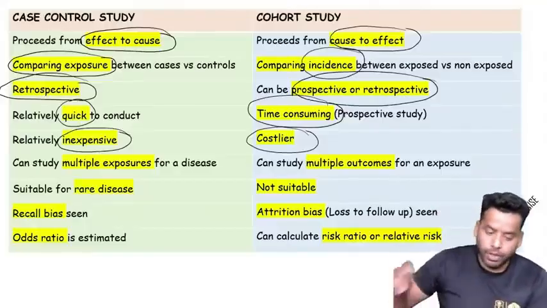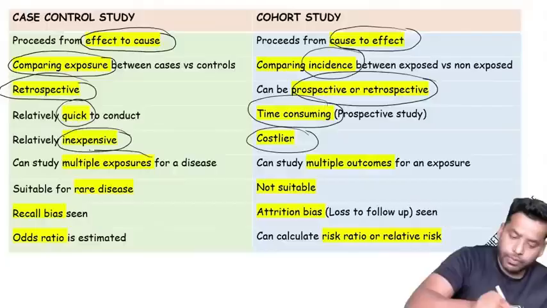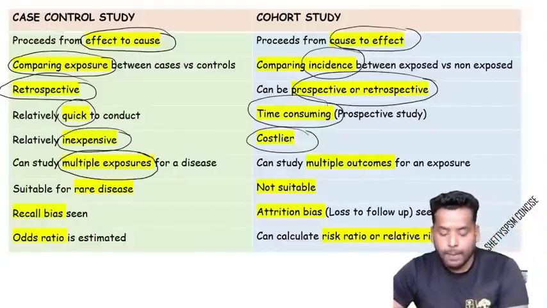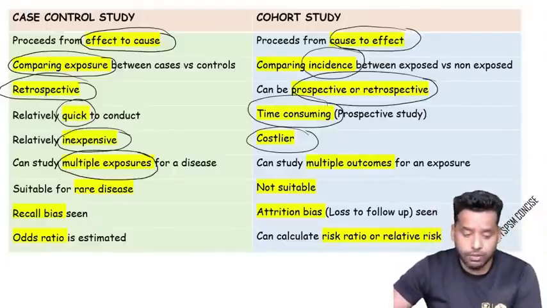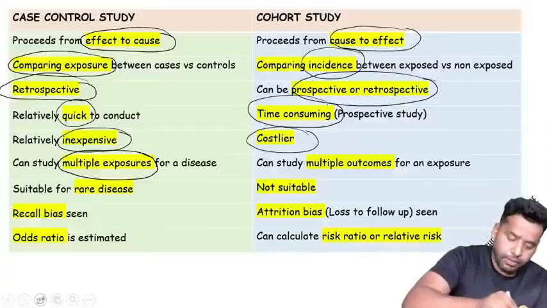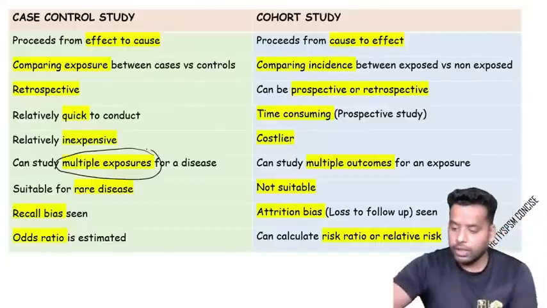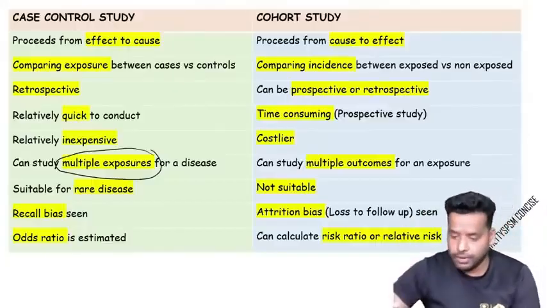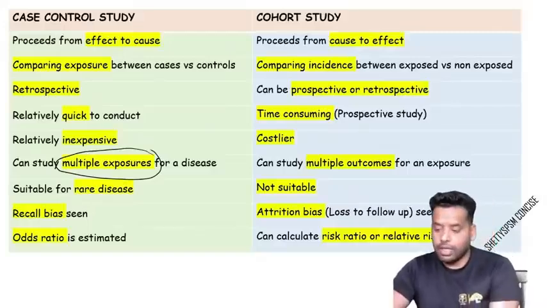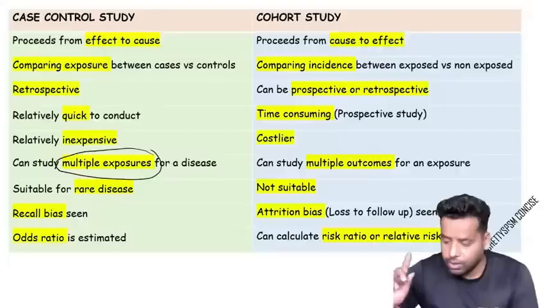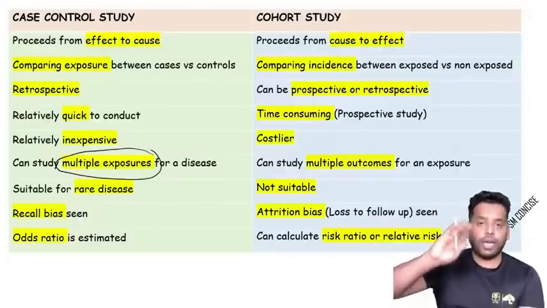Listen. If you go back and study, which study will help in studying multiple exposures for a disease? See the words properly. Taking one patient, asking so many things. Case control study, because the study is going in a backward direction.